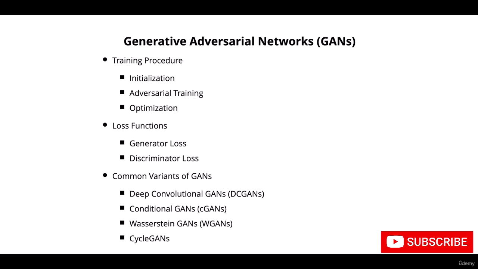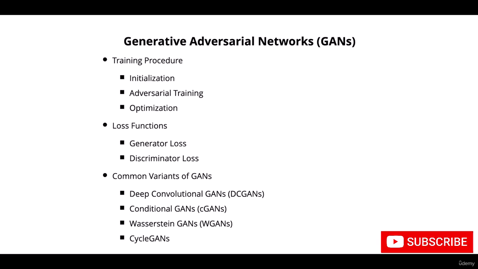The discriminator is trained to correctly classify real and fake samples, minimizing the probability of misclassification. And the third step, optimization, is where you update the parameters of both networks using backpropagation and gradient descent based optimization algorithms. One of them is Adam.